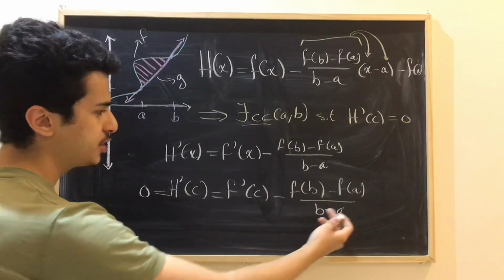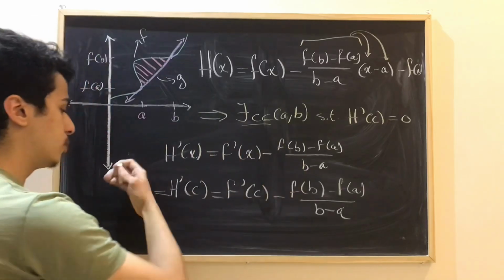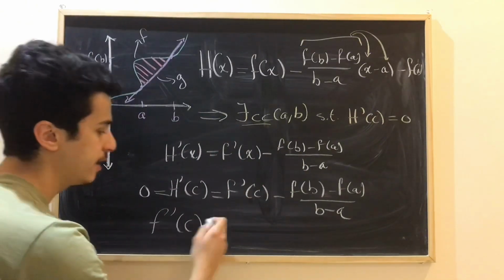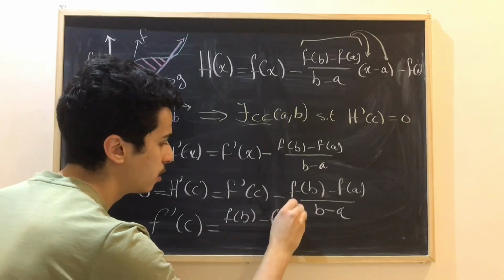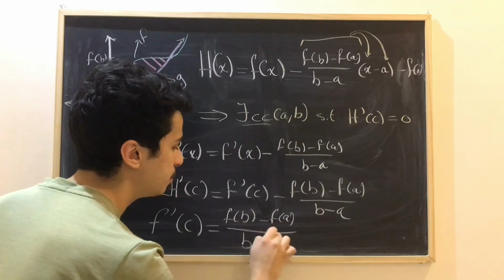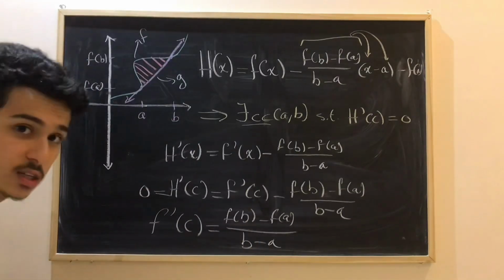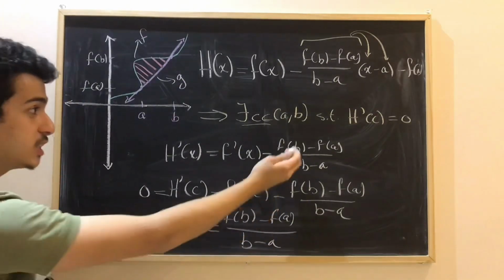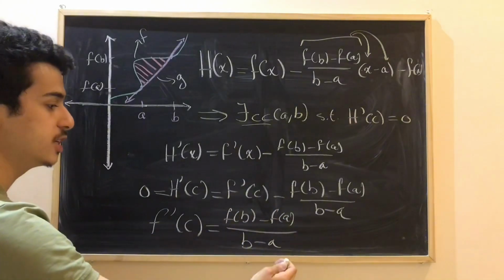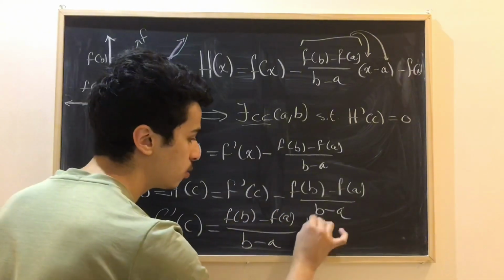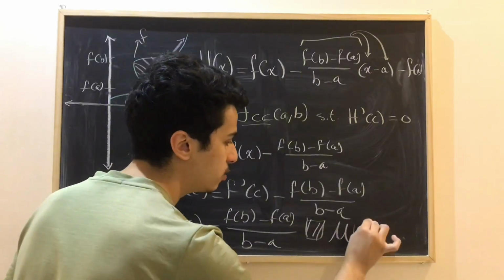And I'll rearrange by moving this object to the left, but I'll write f prime of c on the left: f of b minus f of a over b minus a. And look at that. We have just guaranteed a c such that f prime of c is equal to the slope of the secant line, and that will be the mean value theorem.